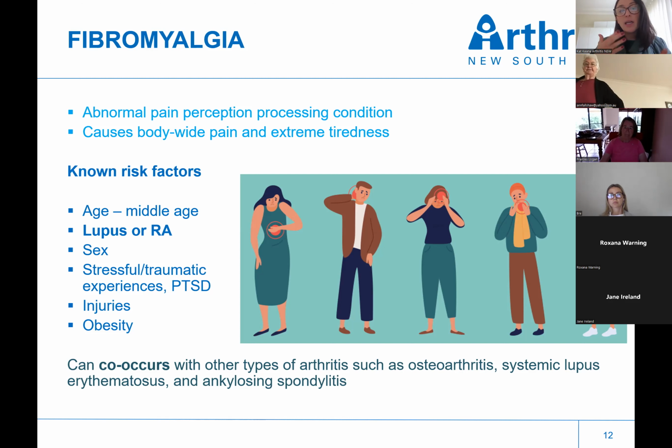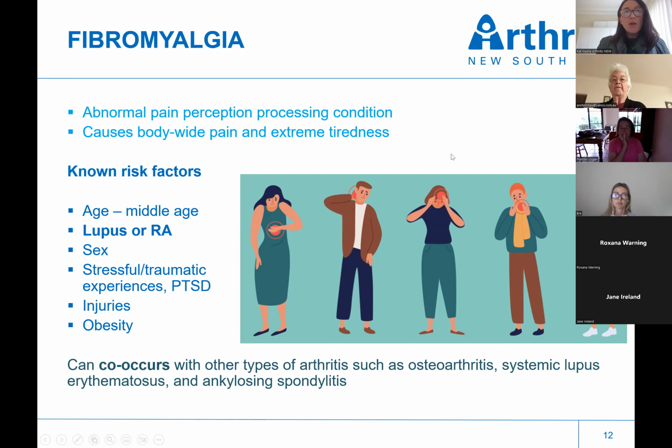That chronic pain then can develop into a more widespread, severe form, being fibromyalgia. And obesity can also be a risk factor. It can co-occur with other types of arthritis like OA, systemic lupus, and ankylosing spondylitis.